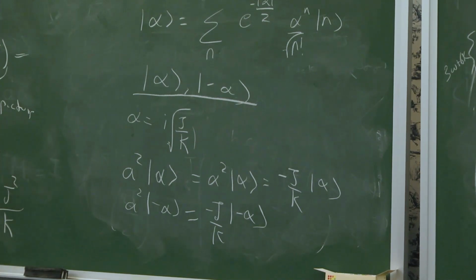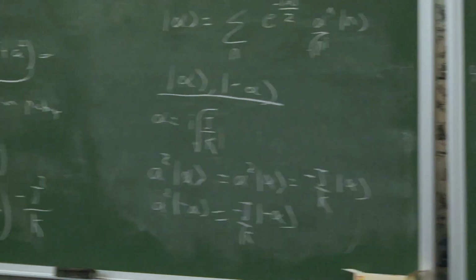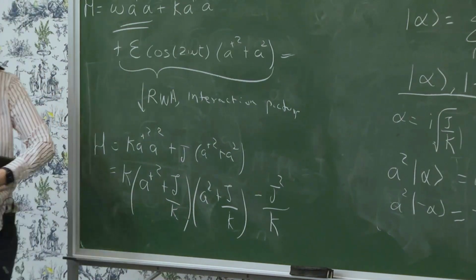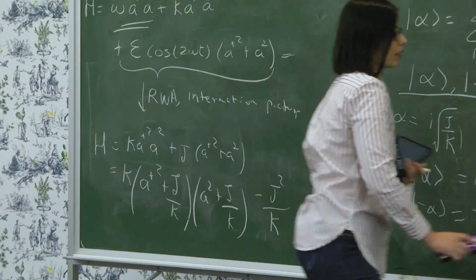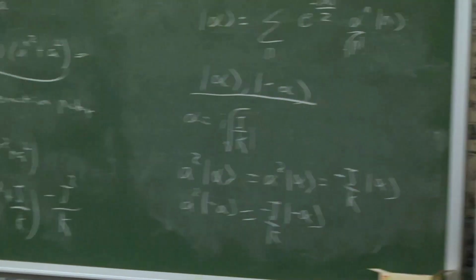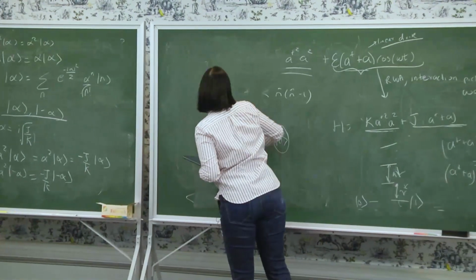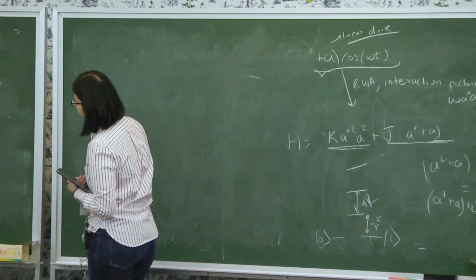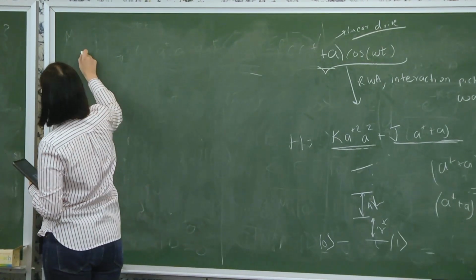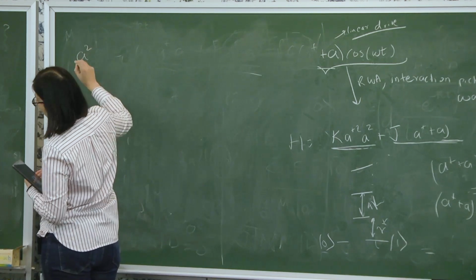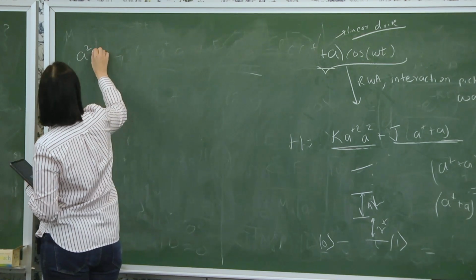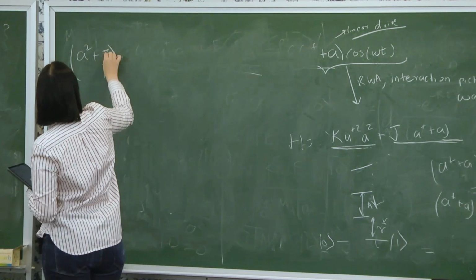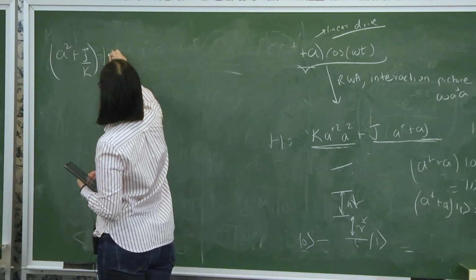So now, if you look at this Hamiltonian over here, you have a square plus j over k.